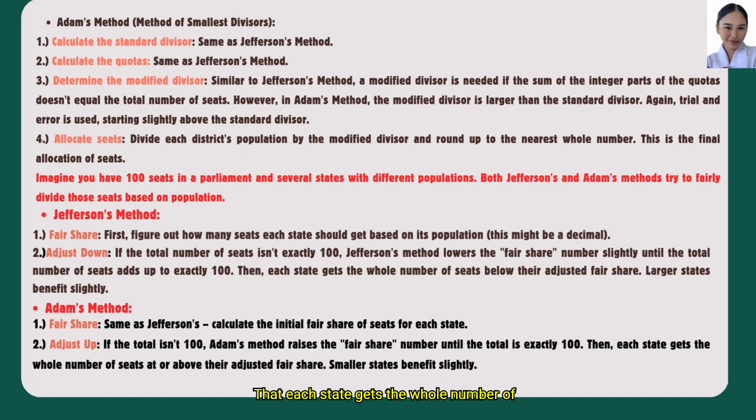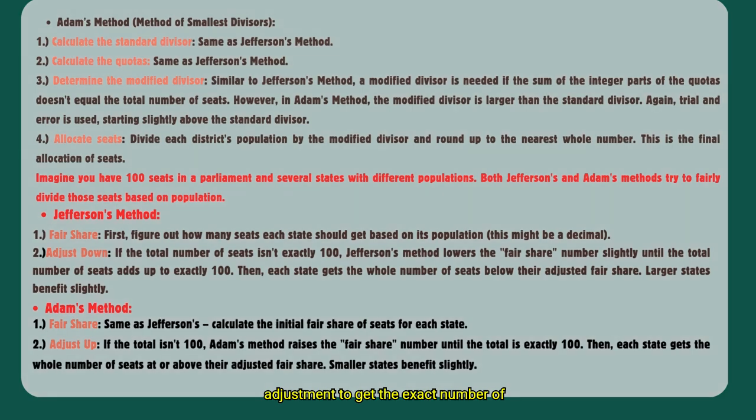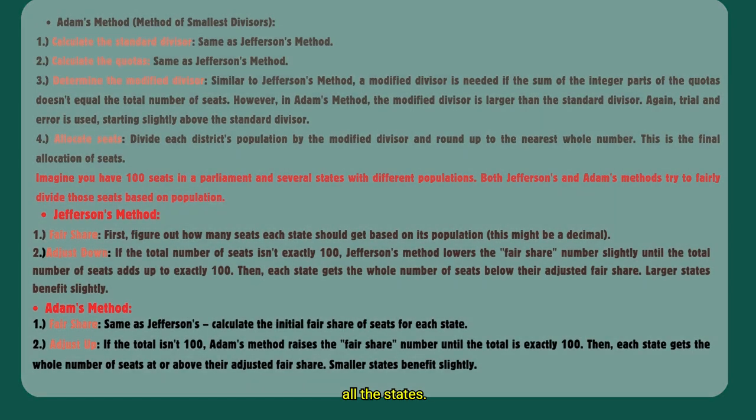Then each state gets the whole number of seats at or above their adjusted fair share. Smaller states benefit slightly. In short, Jefferson's rounds down and favors larger states, while Adams' rounds up and favors the smaller states. Both use a bit of trial and error to find the right adjustment to get the exact number of all the seats.